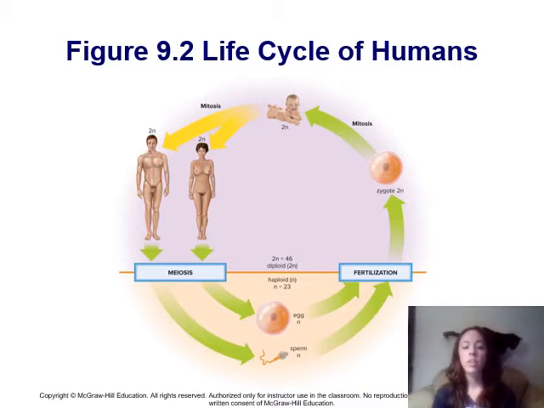After puberty, the body uses meiosis to produce gametes, and then eggs and sperm are not identical to the parent. Instead, they will only contain half the chromosomes of the parent cell, which is going to be 23 chromosomes. Now the egg and sperm are called haploid cells, and again, when the egg and the sperm come together, we now have a diploid cell.